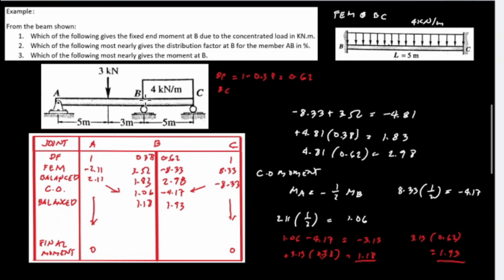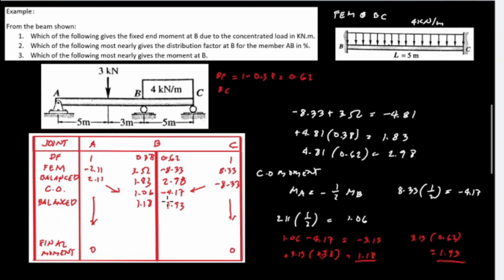But at joint B, we will have the internal moment at point B. And at BA, we will sum up everything from the fixed end moment until the last balance value. So 3.52 plus 1.83 plus 1.06 and 1.18.